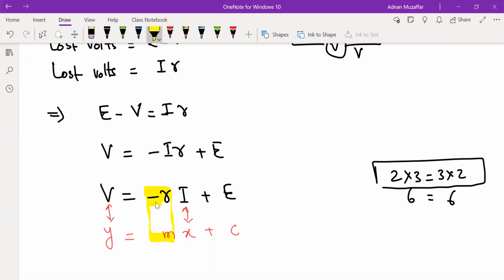And gradient will be equal to minus r. Do you agree? And here, this can be the y-intercept because c is the y-intercept. So this is gradient, and this is y-intercept.